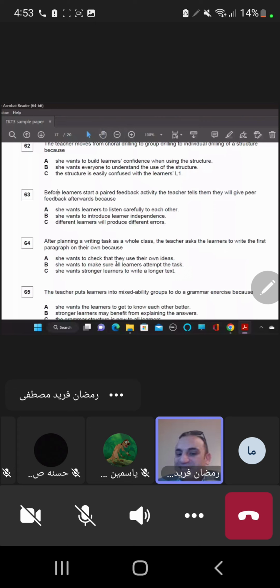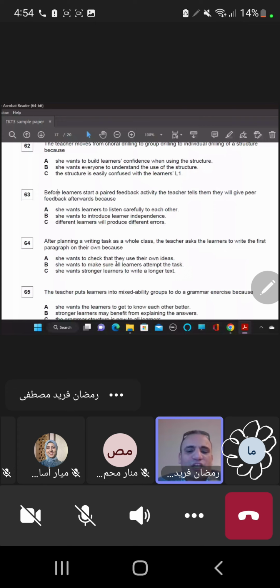She wants to make sure all learners attempt the task. Yes. B. Okay. B, yes. What is the common factor here between 64 and B? That they will all participate. Okay? Number A, they will all participate too. No. How? How is B? In a writing task as a whole class, the whole class will write.